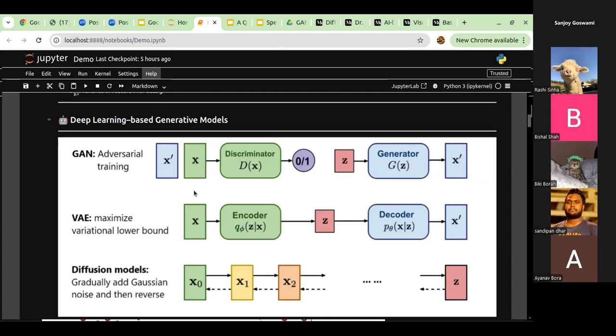Now Ghiblification was in trend for the last many months. I think all of you have tried to see how your image looks after Ghiblification. It is nothing but a style transfer task.